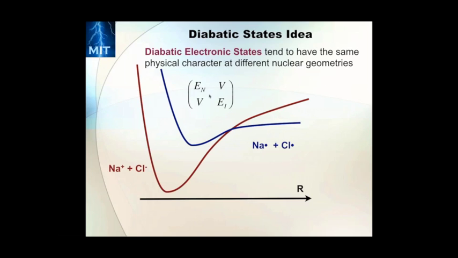It's got the energy of the neutral state, the energy of the ionic state, and some coupling between them. If I found the lowest eigenvalue of that matrix, it would give me an adiabatic state that looks like this lower green curve here. It would look like a neutral state far away and an ionic state close in. And there would be another eigenvalue of this matrix that would look like the upper green curve here that would just do the opposite. So that's one reason that constrained DFT is going to be useful for you.